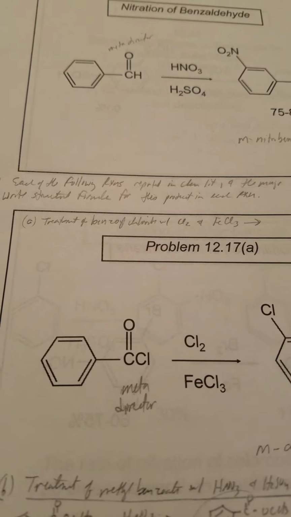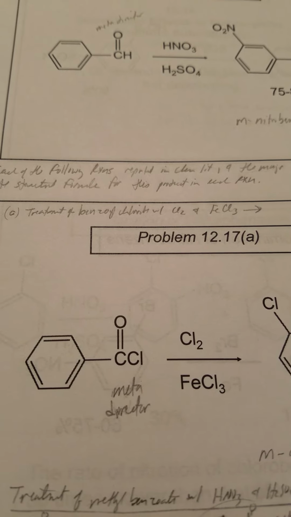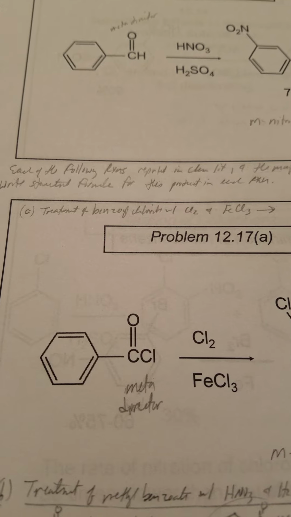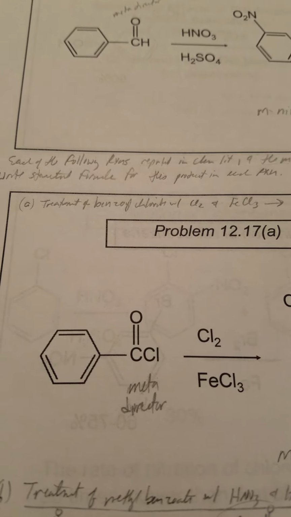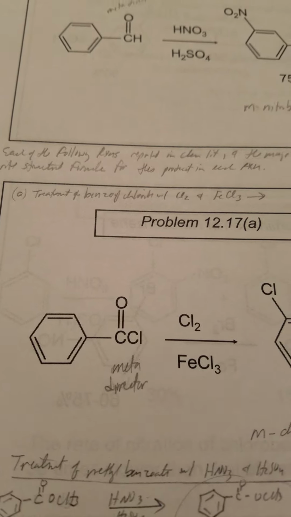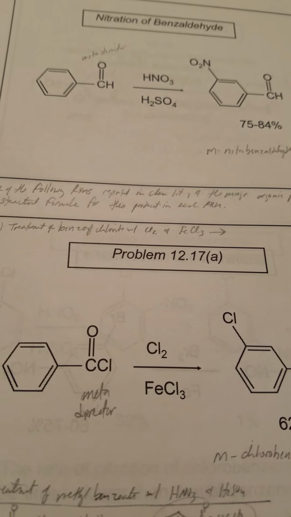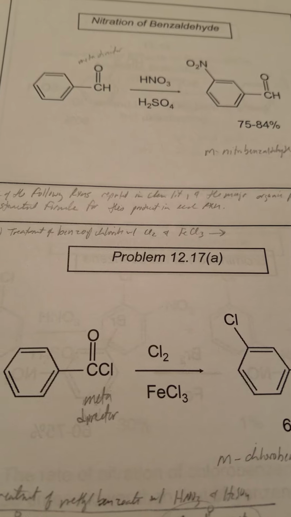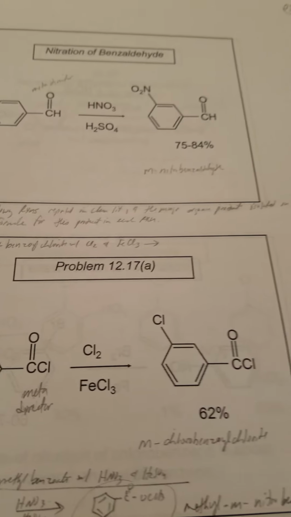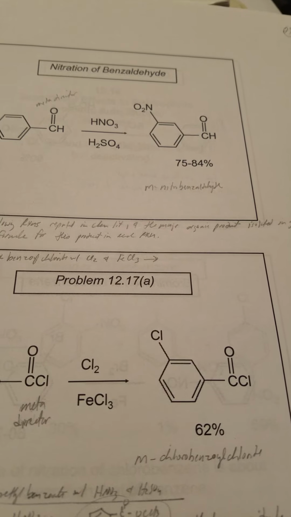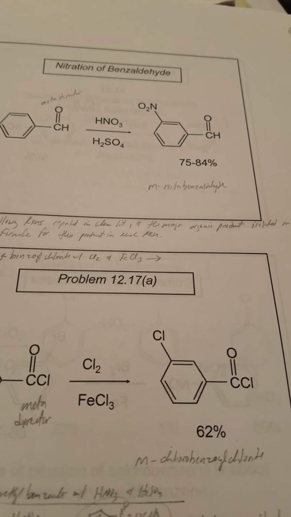If you have something along these lines, which is an acyl chloride, it's a meta-director, so when you undergo, in this particular case, halogenation of your benzene ring, then you're going to put your chlorine in the meta position.